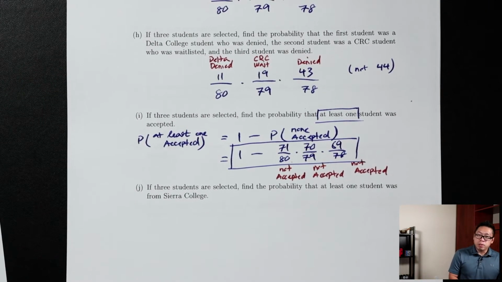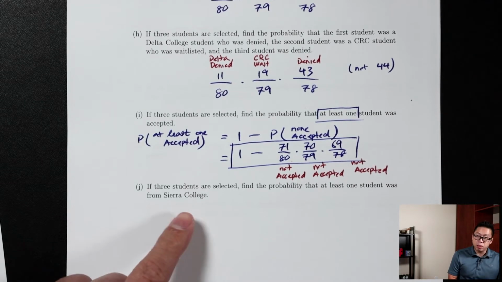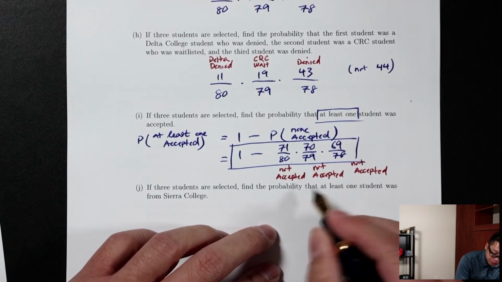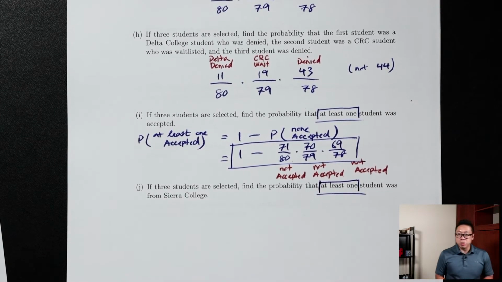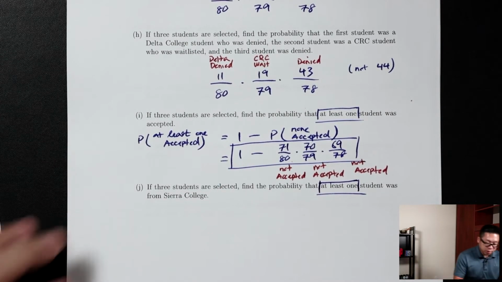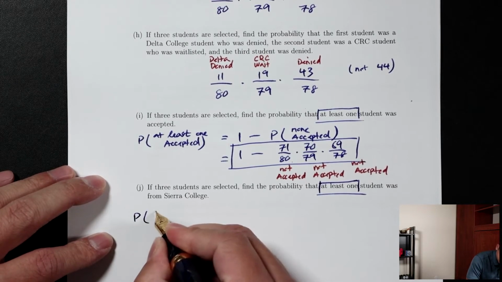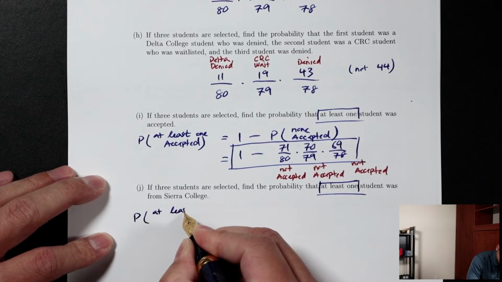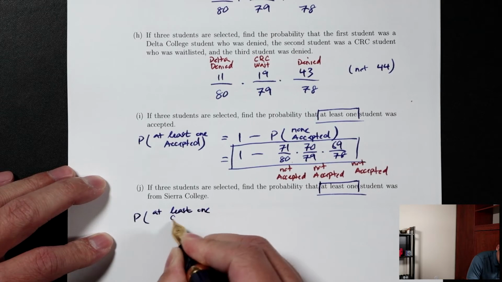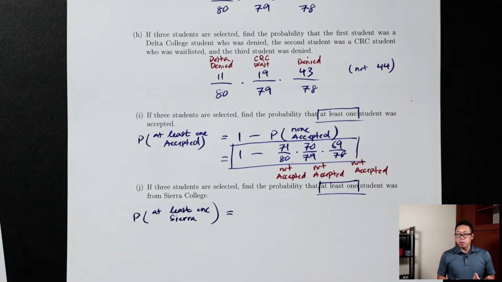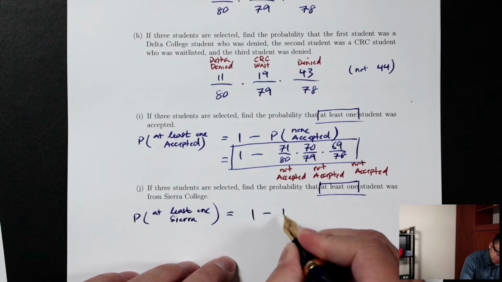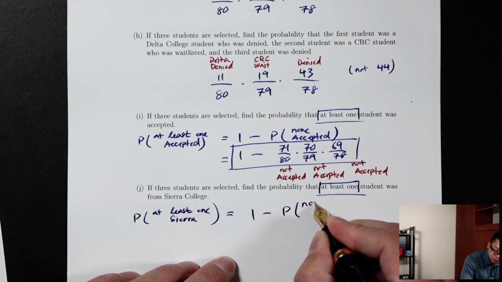Part J, if 3 students are selected, find a probability that at least one student was from Sierra College. Once again, I see the words at least one. So this is going to be another one of those 1 minuses. I'm looking for at least one Sierra, so that's going to be 1 minus none Sierra.